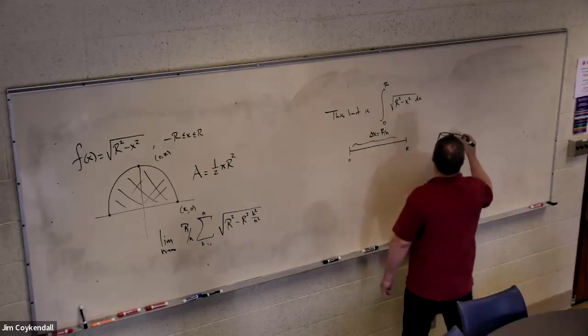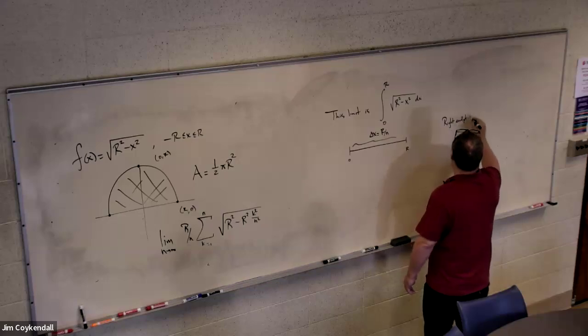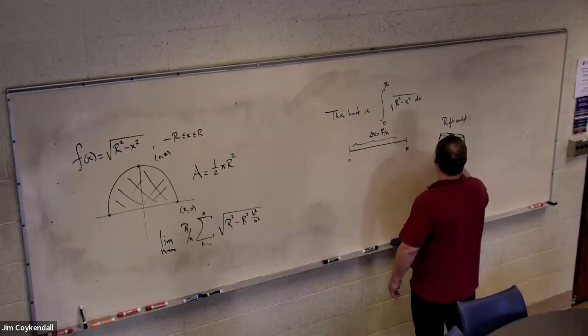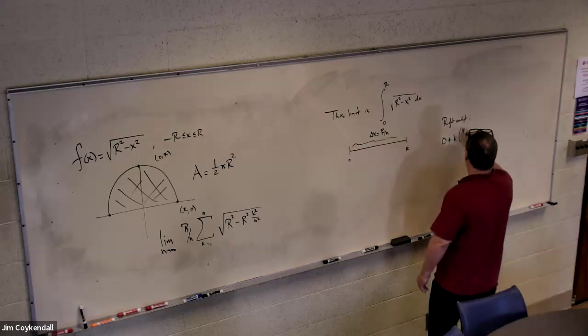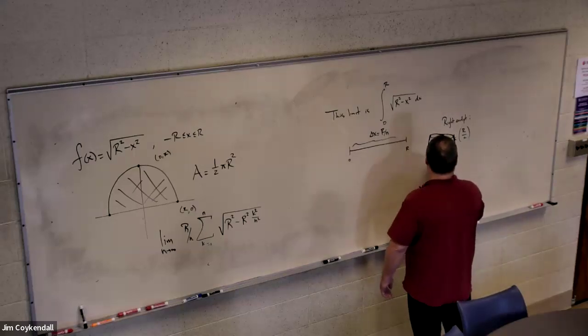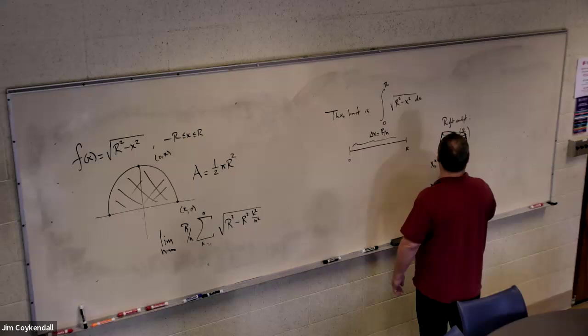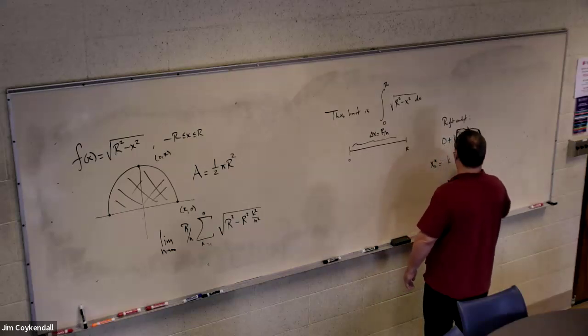And the right endpoint should be 0 plus k, so x_k star is k r over n.